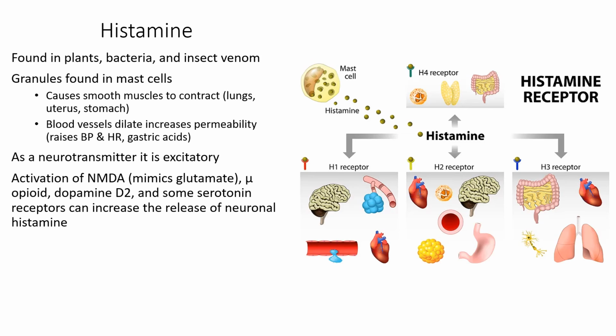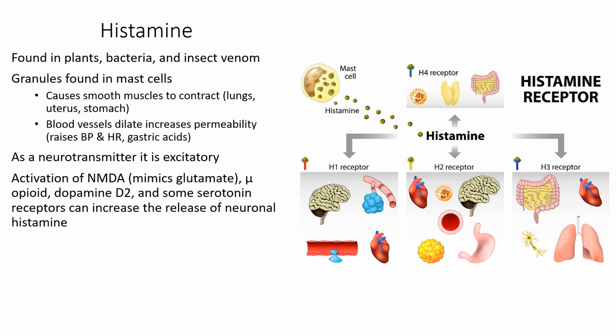There is the activation of NMDA, which is N-methyl D-aspartic acid, or N-methyl D-aspartate, which is an amino acid derivative that acts as a specific agonist at the NMDA receptor, which mimics the action of glutamate.